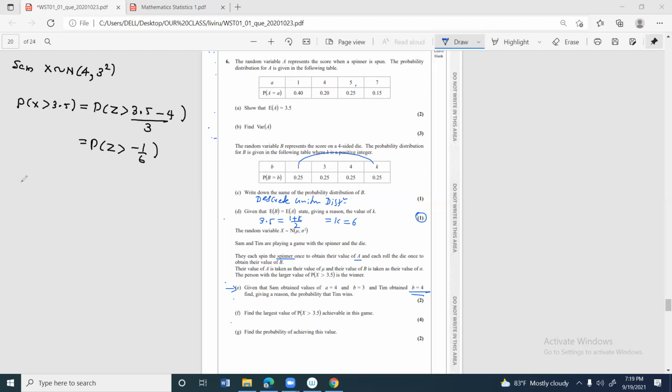Okay. So we will try to find out the probability of Sam to win the game. If you make them into the standard way, this is Z is less than 1 over 6. You can find it from the table.